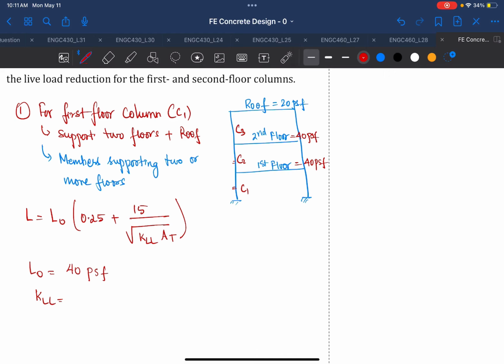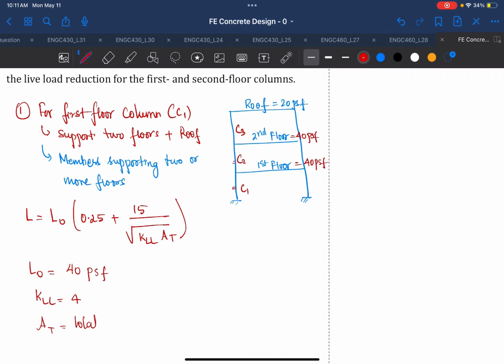If you look at page 272, it is given that for a typical column, which is what we are using here, K_LL is equal to 4, and for a beam it is 2. Right now we are focused on columns, so we'll be using K_LL equal to 4.